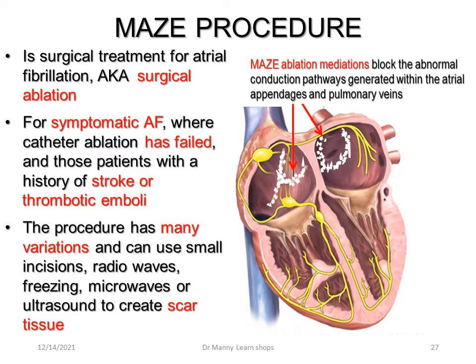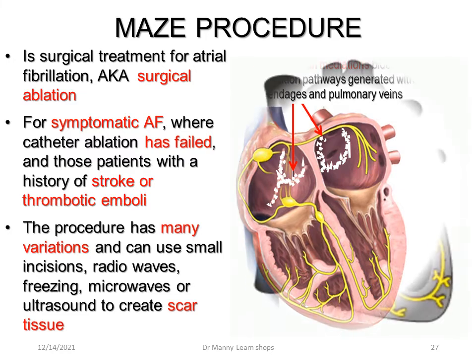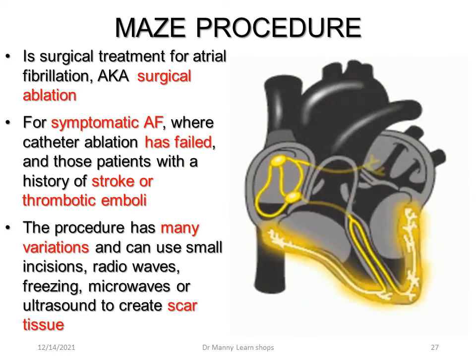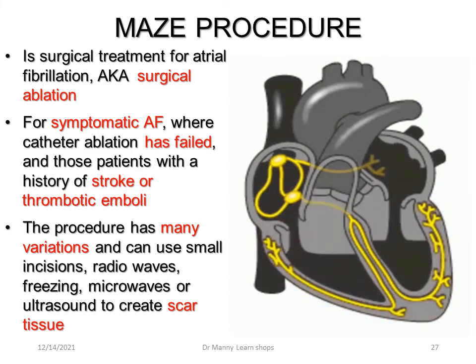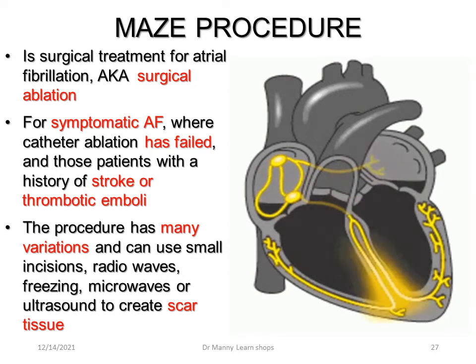The scar tissue redirects the electrical current from the SA node through the atria to the AV node, through the fibrous skeleton, through the pathways into the ventricles. So that we end up having, God willing, normal conduction: SA node, AV node, Purkinje system.